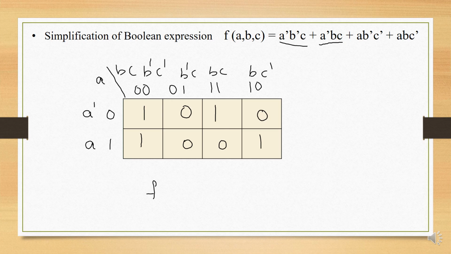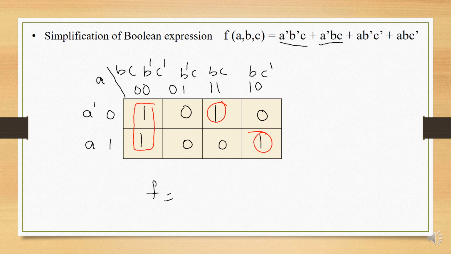Let us now obtain the simplified SOP expression again. You cannot form an octet here, you cannot form a quad here, so you can go for one pair and two singles. Let's write the simplified SOP expression, as you are grouping for logic ones.